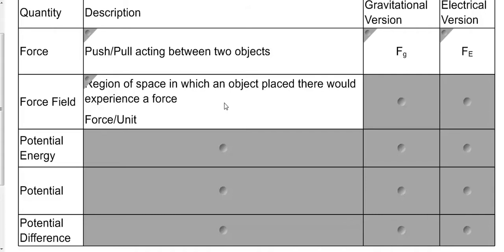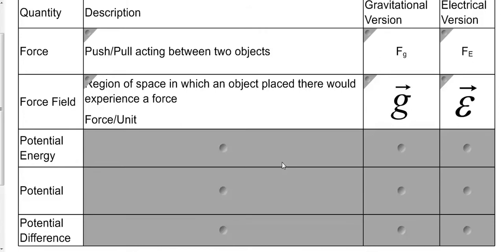Or we can say I have a giant charge sitting here beside me. What is it doing to the space around it? What would it do to other charges around it? So it's actually force per unit charge, force per unit mass, things like that. And so in gravity, that's the g field, little g, and in electrical, that's the epsilon field. All right, so those two I think are probably okay.